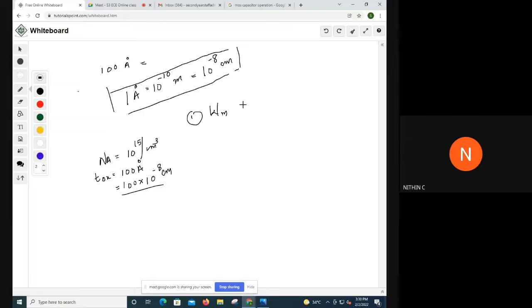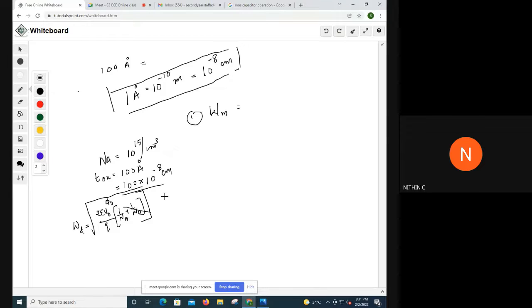You will remember the usual expression: 2 epsilon V0 by Q into 1 by Na plus 1 by Nd, as in the diode case. In this case, V0 we substitute with phi s, and we do not have Nd because we are considering a P substrate, so we will have just Na.